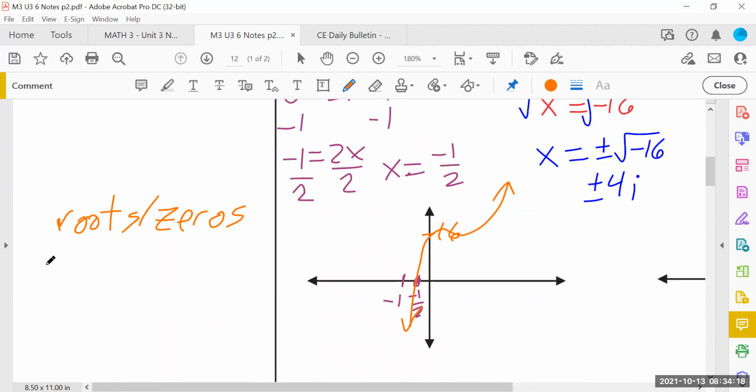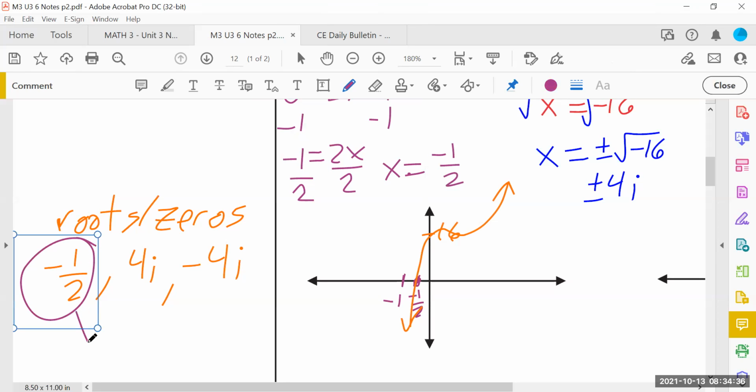Our roots or zeros were -1/2, 4i, and -4i. Is everybody good with plus or minus 4i being two roots, plus or minus? And then of those, only one is an x-intercept. This guy right here is our x-intercept. Do we have any questions so far?